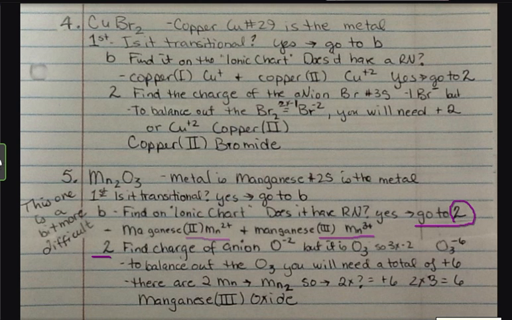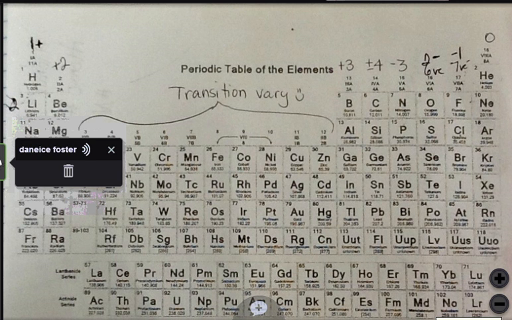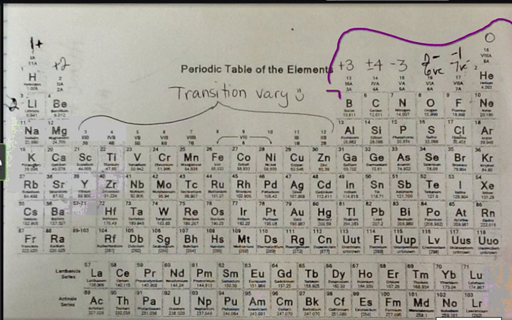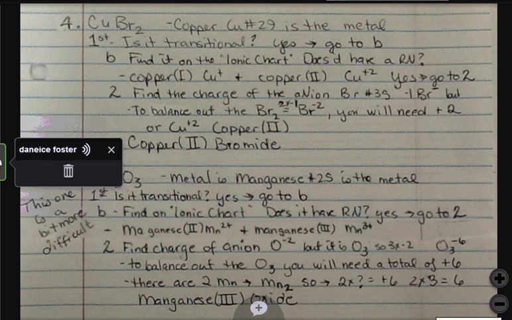Number 2, find the charge of the anion. The anion is oxygen, so let's go check it out. We know oxygen is one of our nonmetals, so it's going to be over here in this top part. There it is at atomic number 8. And it has a charge of -2. All right, so it has a charge of -2.